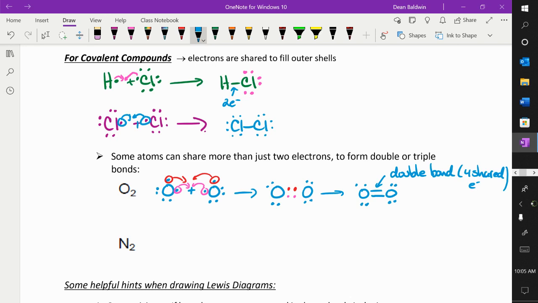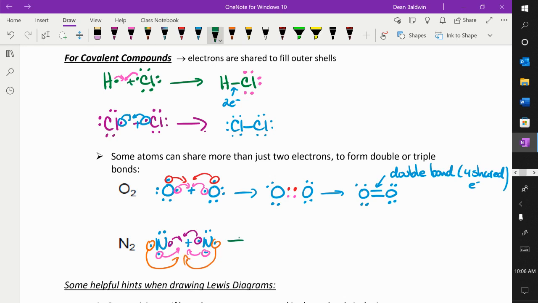How many bonds does nitrogen want to form? It wants to form 3 because it has 5 valence electrons. So it needs 3 extra electrons. Each one needs 3 extra electrons. So these share, and these ones share.